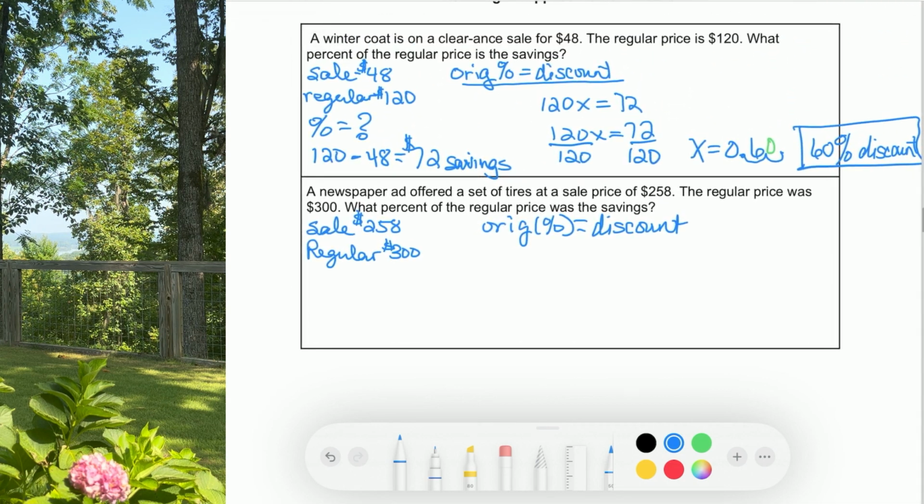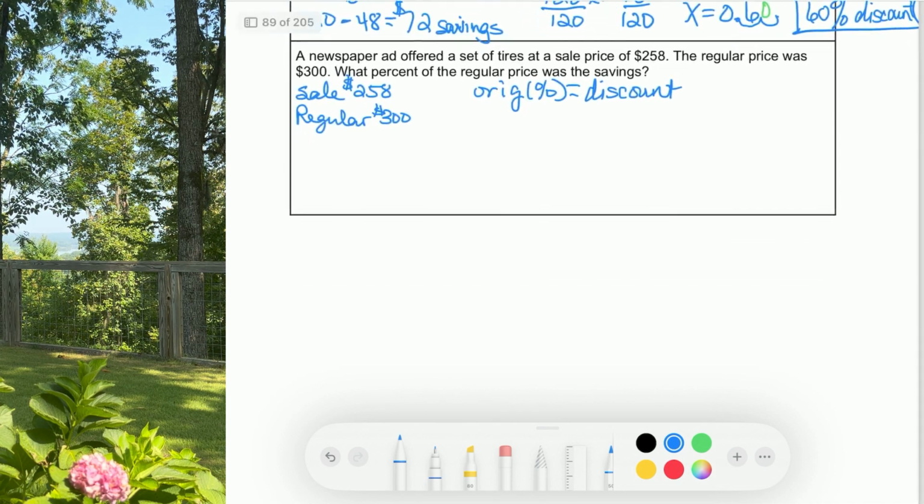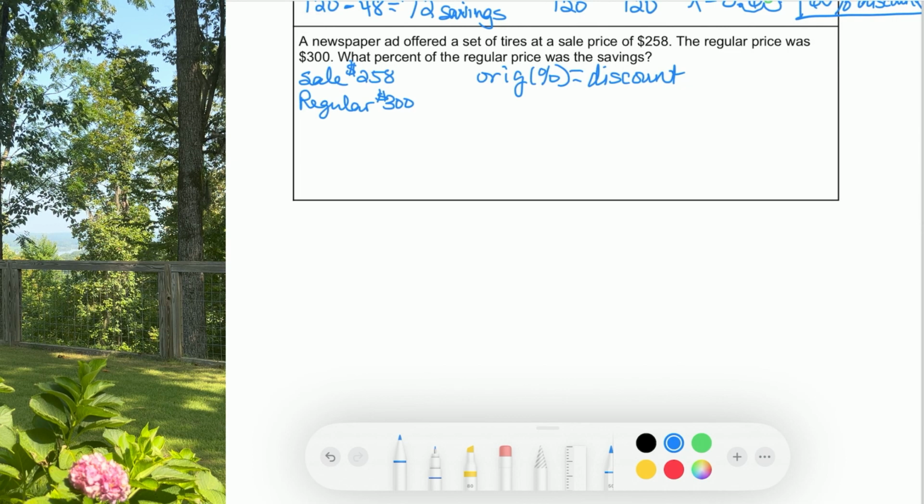Okay, so back up here, remember it said what percent of the regular price is the savings. They wanted to know what the percent was. But before we could do that, we needed to find one of the pieces so that we could actually use our formula. We need to do the same thing here. We need to know what the discount was first before we can find that.